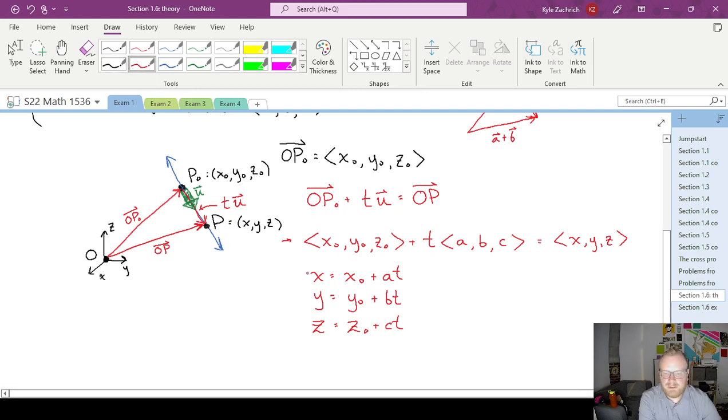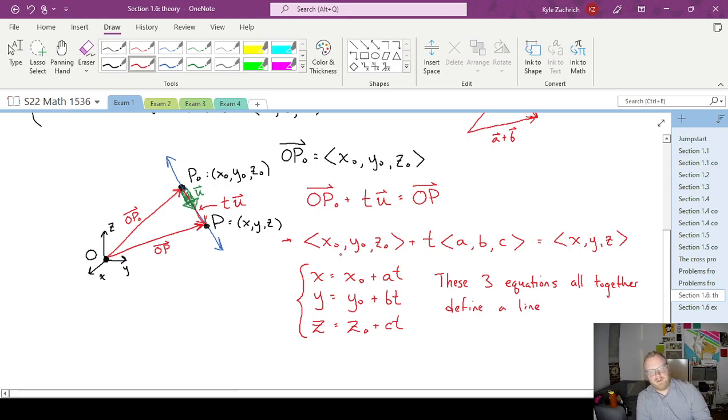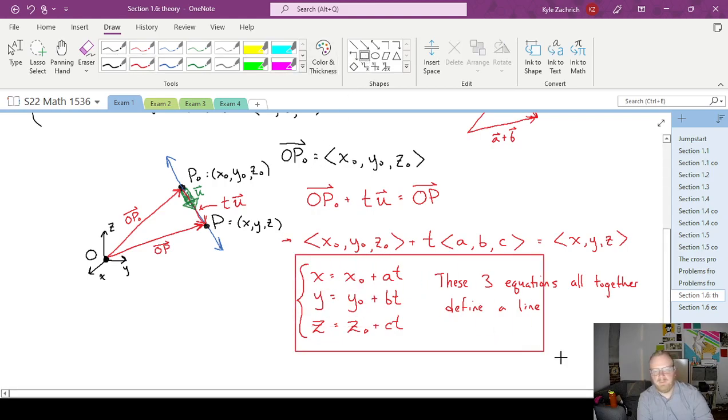These three equations together are what we use to define a line. Okay, so we're not able to fit it all into one equation. We just give ourselves three equations to work with. So I'm going to put a box around that.